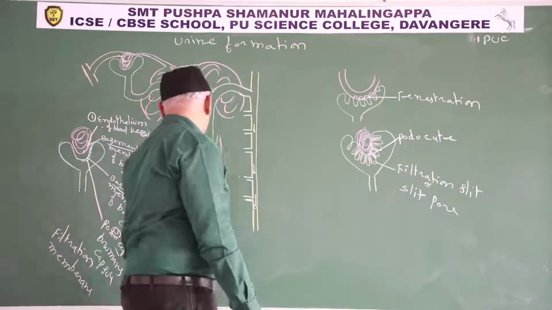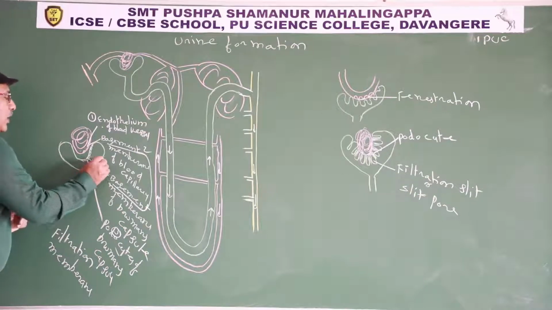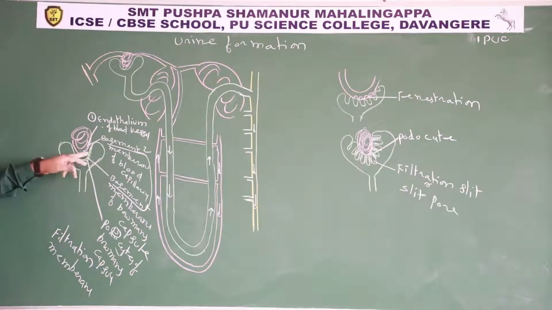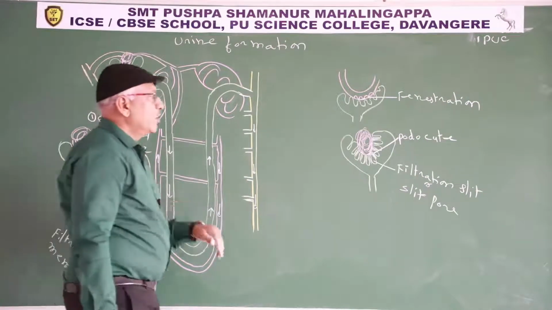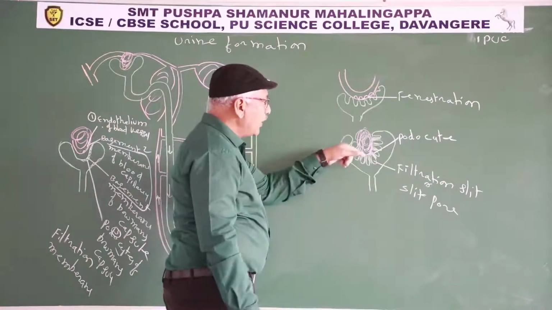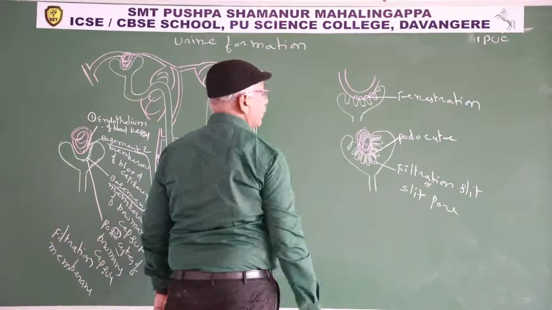You already know Bowman capsule contains two layers. The outer layer contains flattened cells, and the inner layer also has flattened cells. The inner flattened cells of Bowman capsule are known as podocytes. Podocytes are coiled around the glomerulus. Between the podocytes, empty places are present.